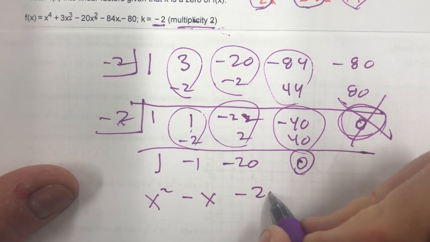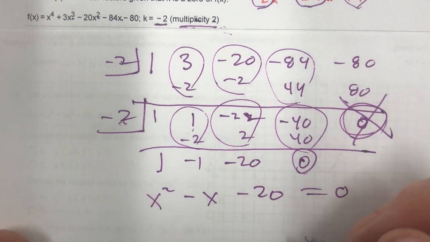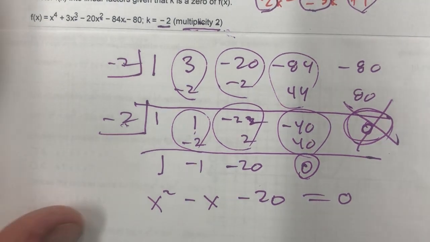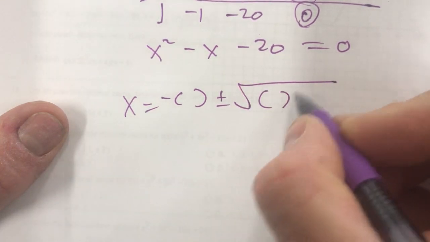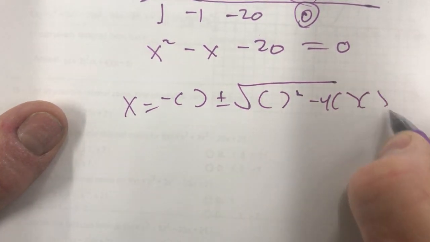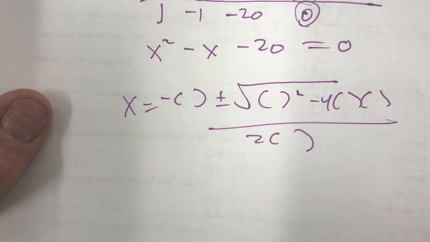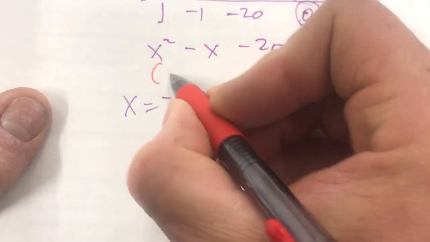Which means I have x squared minus x minus 20. I need to find the zeros for that, so I'll just do the quadratic formula. Okay, so x equals -b plus or minus the square root of b squared minus 4ac, all over 2a. Some of you guys can factor this, which I think in factoring would probably be quicker.